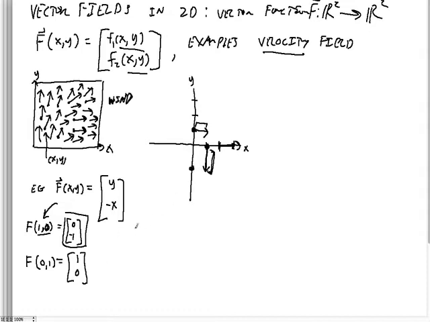Now let's try another point. We'll go in the negative 2 direction. So we'll try (negative 2, 0). Okay, we put in a negative 2 for x, and that becomes negative of negative 2, which is a positive 2, and 0 for y again. So now we're over here. That's the position our vector is going to be emanating from.